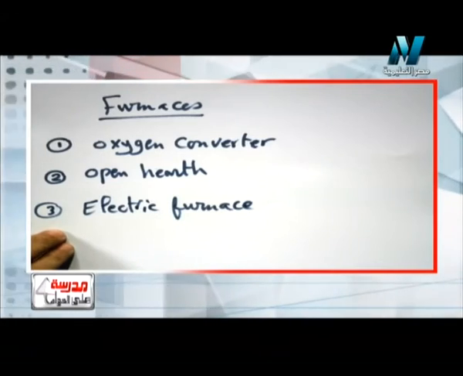Actually, by this point we finish iron. Let's transfer to the next point in our lesson, which is the alloys. We said before that the iron produced from the reduction process is so brittle that it has no industrial uses. So to put it in a form for industrial use, we must make it steel.